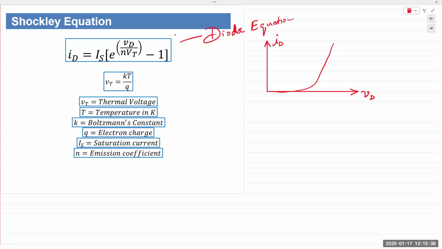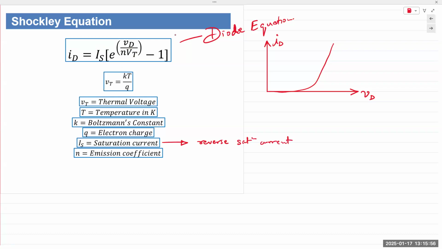All right, let's take a look at IS first. IS is the saturation current. What does it mean? Typically, the saturation current refers to the reverse saturation current.